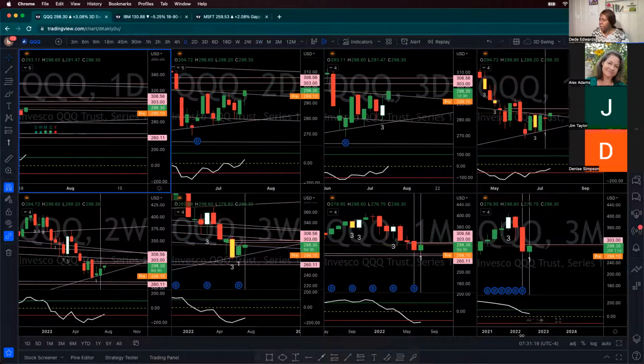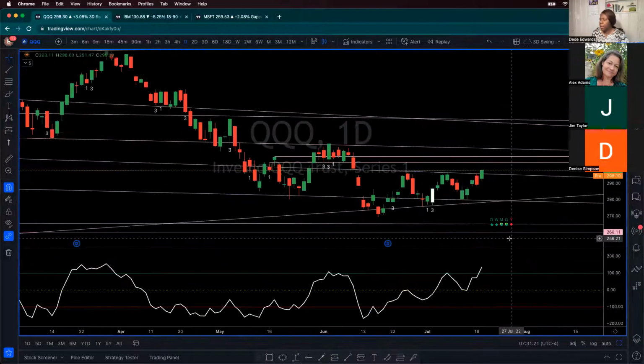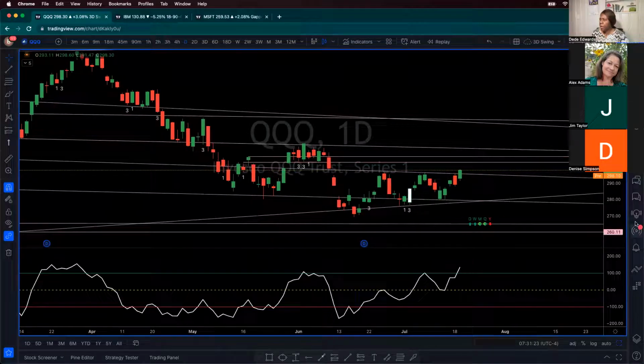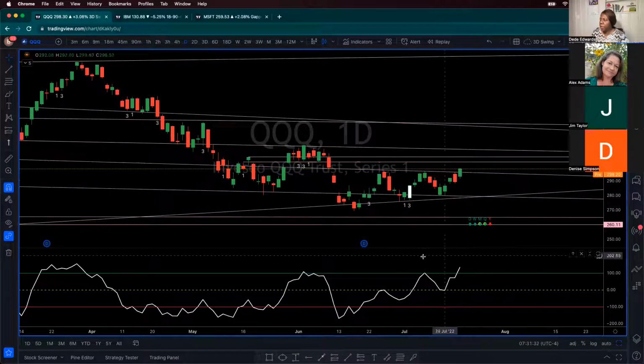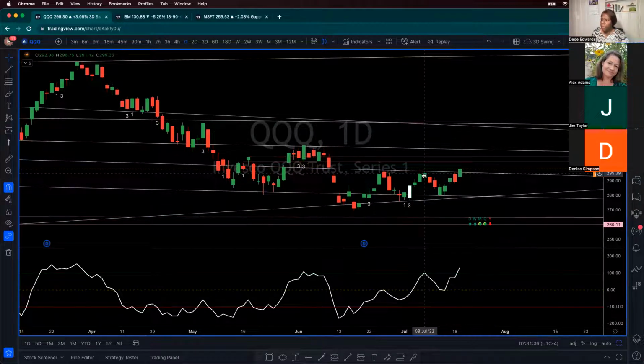So there is certainly potential that this market can continue on this ride to the upside for the month. Don't know, so we'll see. Just keep our eye on this. We're in what I call the buy zone here on the Qs, on the indices: the Qs, the SPY, and the Russell 2000.